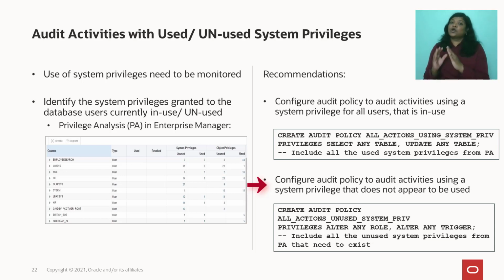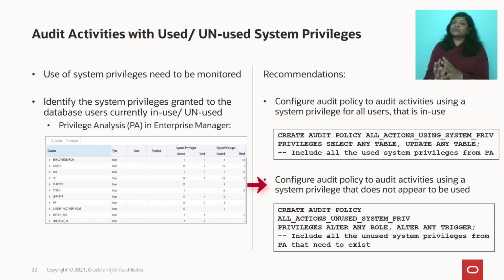In this case, configure audit policies to track the use of unused system privileges until you're certain that they can safely be revoked. Configure audit policies to audit activities that make use of these unused system privileges and enable them for the database users who are granted access. If these do get used, they will create audit records.